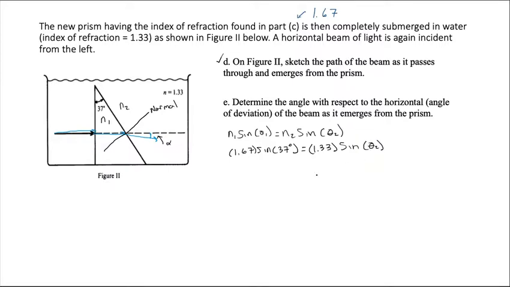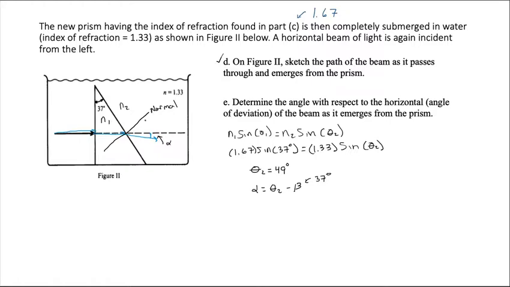If you go ahead and solve this, theta 2 is going to work out to be, I believe, 49 degrees. But again, that's not what they want. They want alpha. And just like before, alpha is theta 2 minus beta. And beta is still 37 degrees.